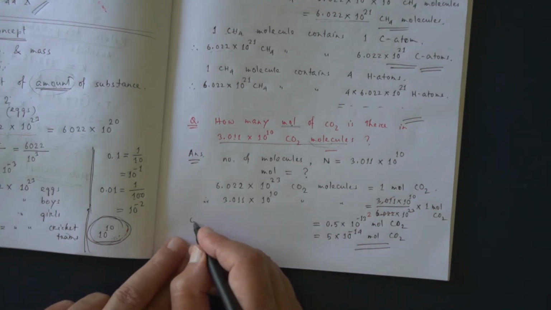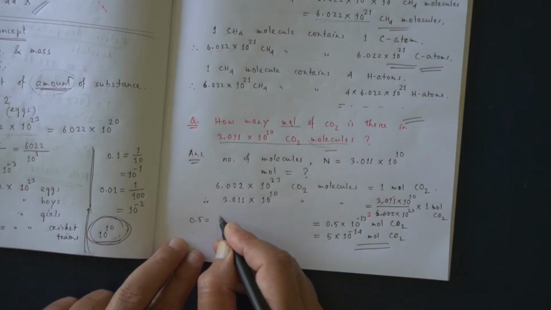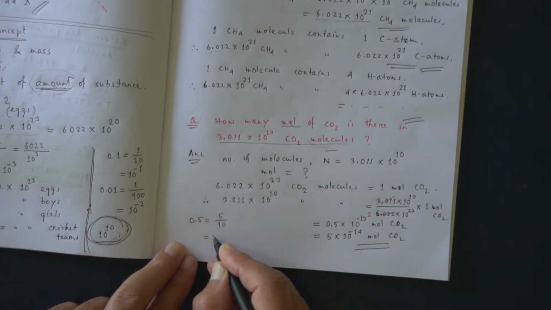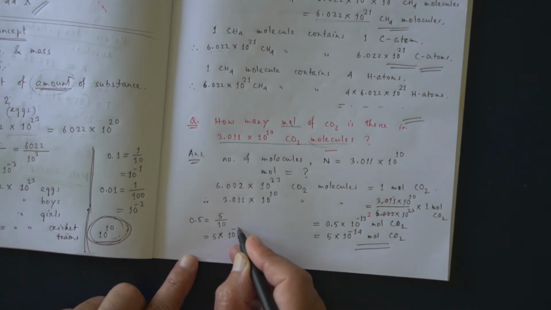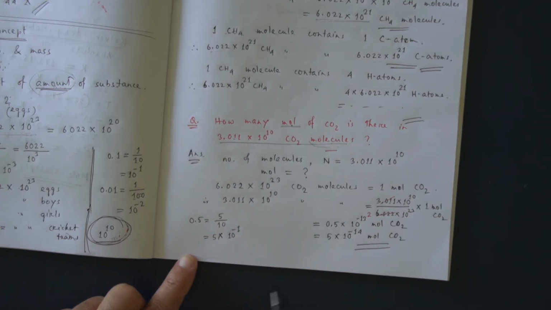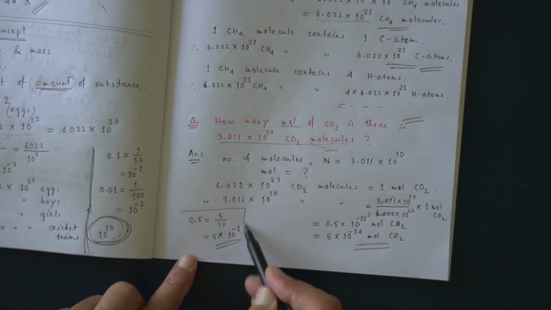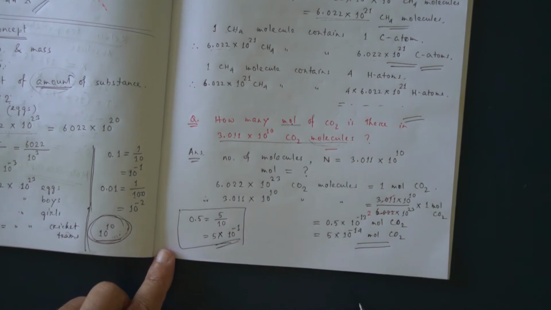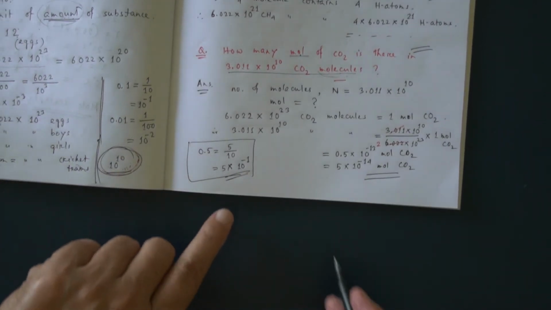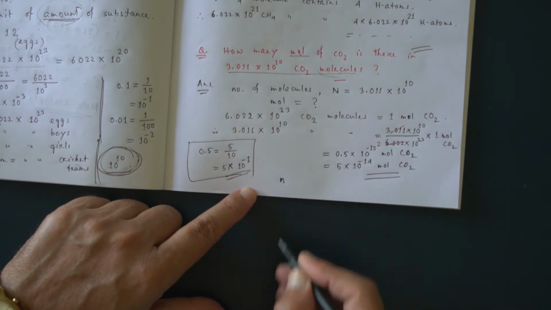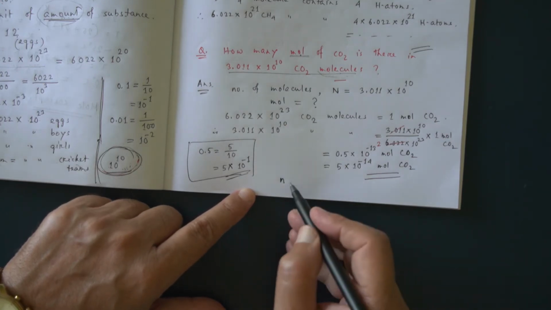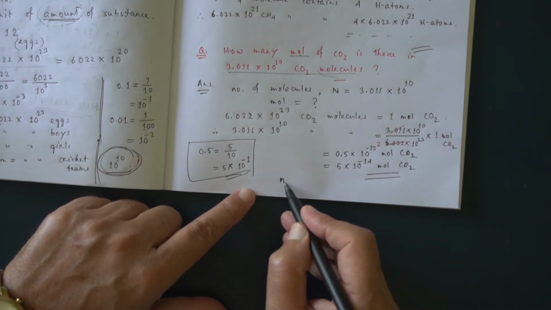0.5 means 5 by 10. That means 5 into 10 to the power minus 1. Okay, so we can write like this. Mole we represent by small n.